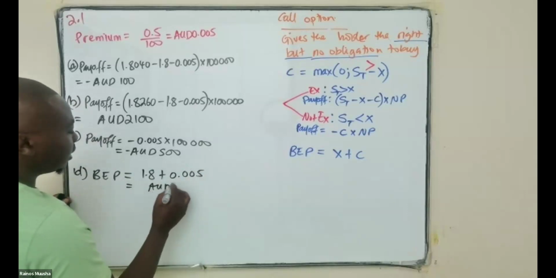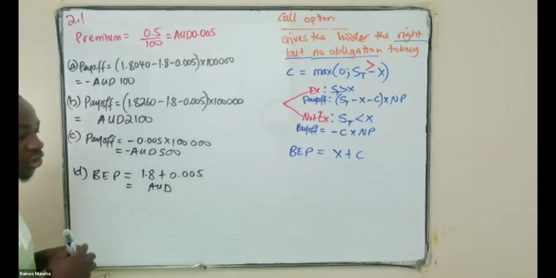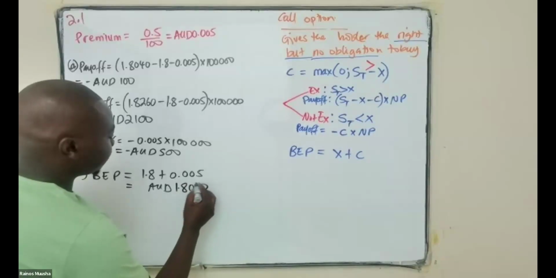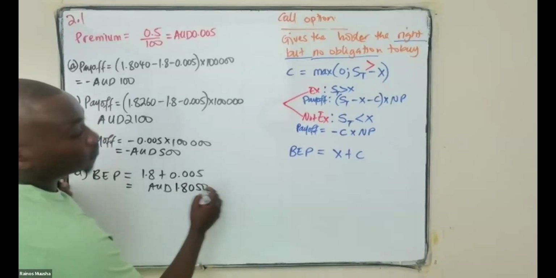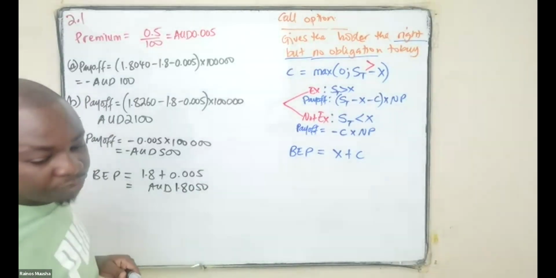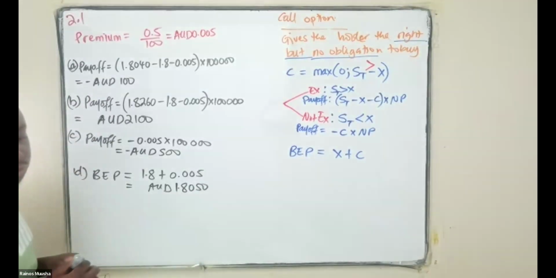So what would be the break-even exchange rate? 1.8050 Australian dollars.